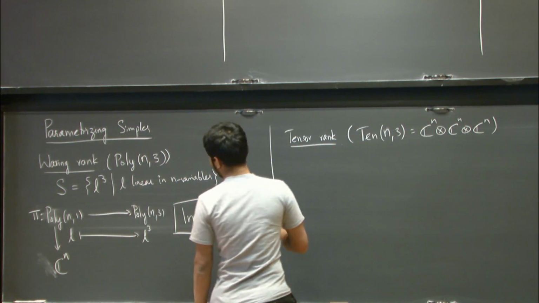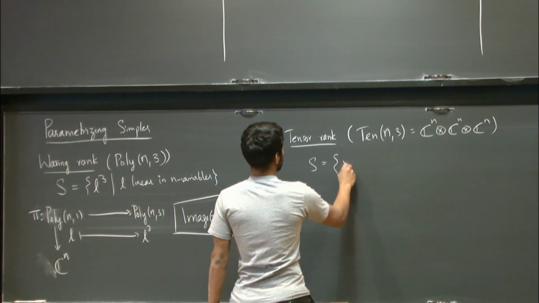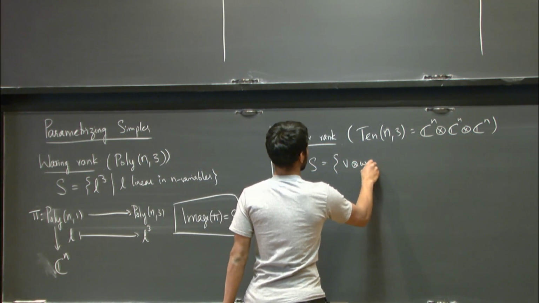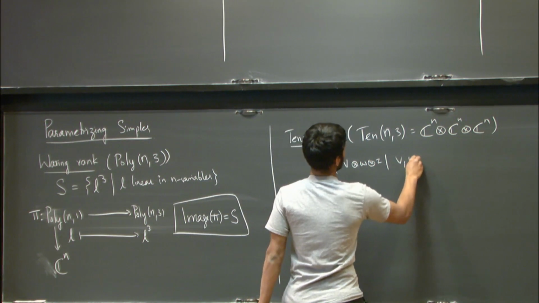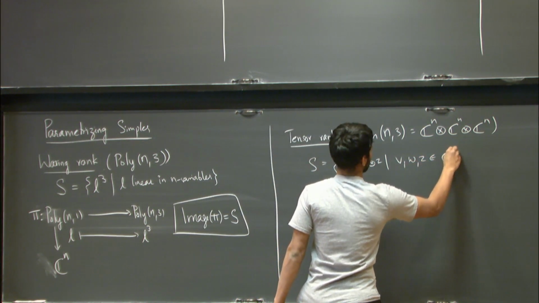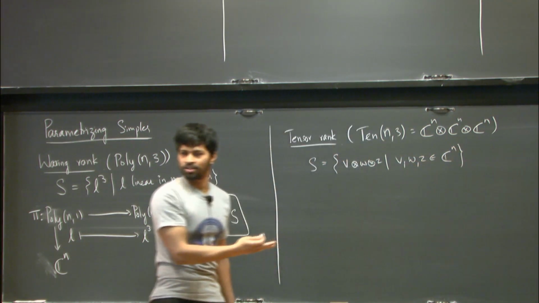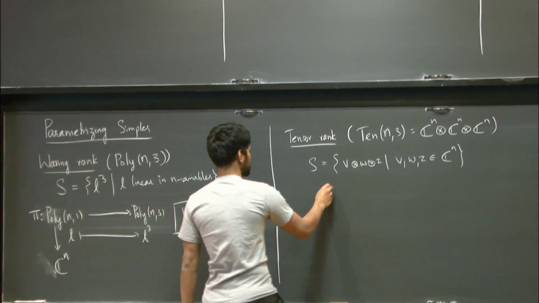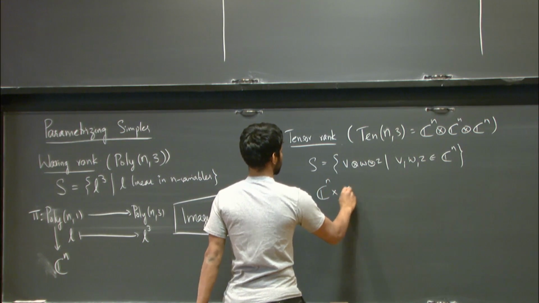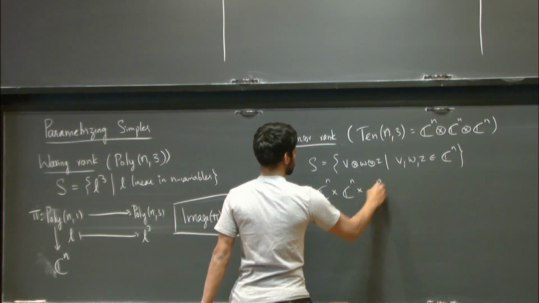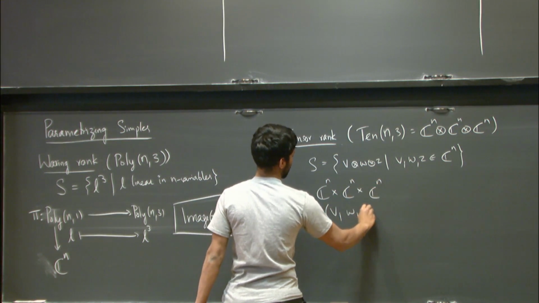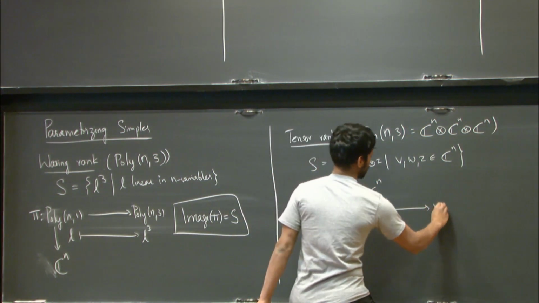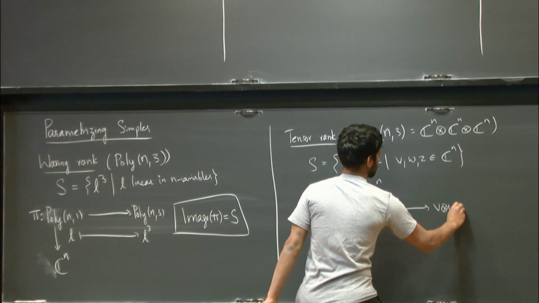Okay, we know what the rank 1 tensors are. These are tensors of the form V tensor W tensor Z, where all of these guys are particular vectors. This already tells you what a parameterization looks like. And the parameterization is Cn cross Cn cross Cn. So you have 3 vectors in here, and they go to V tensor W tensor Z.